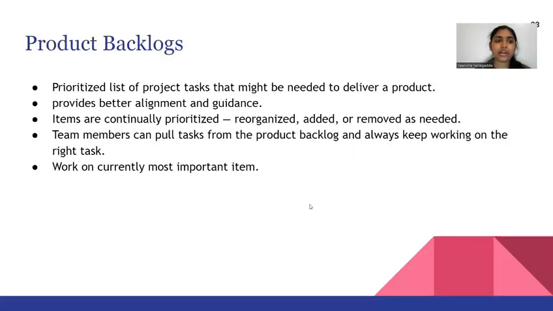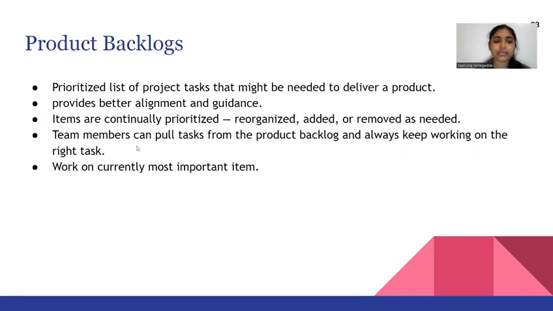Next, coming to the product backlogs. Backlogs are the prioritized list of project tasks that might be needed to deliver a product. It provides us with proper guidance on what we need to do at the next step in the project. So we can reorganize every task, or remove or add anything that the client has requested.